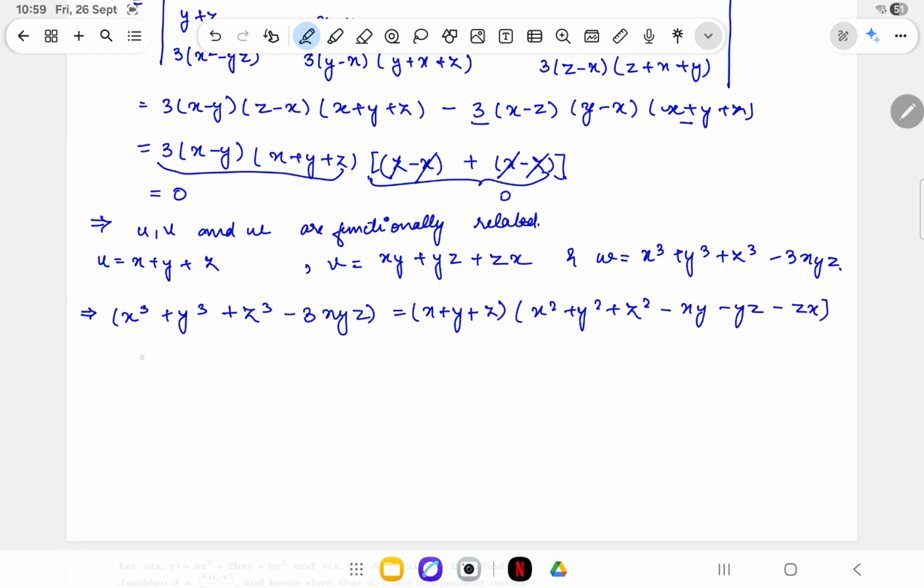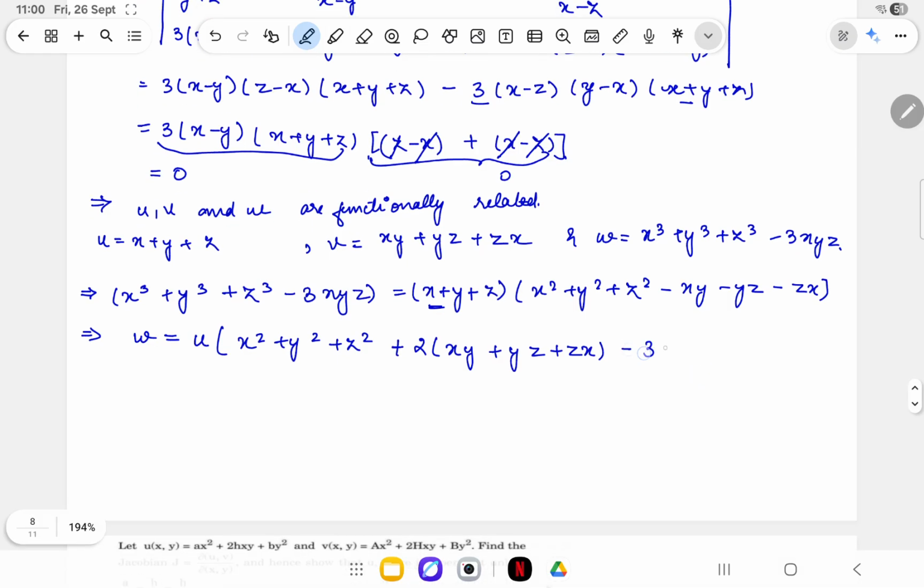Now I can write it like this: on the left hand side it is basically w, so I can write w as u into x square plus y square plus z square minus xy minus yz minus zx. I can add 2 times xy plus yz plus zx, and to balance it out I need to subtract that as well.